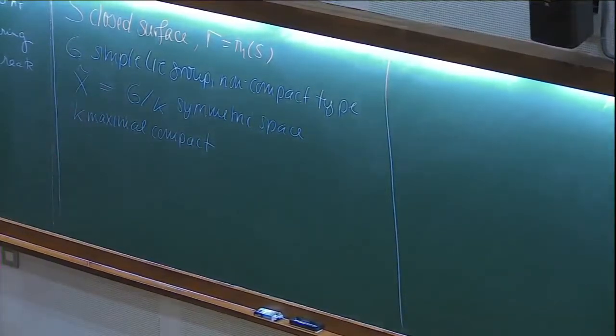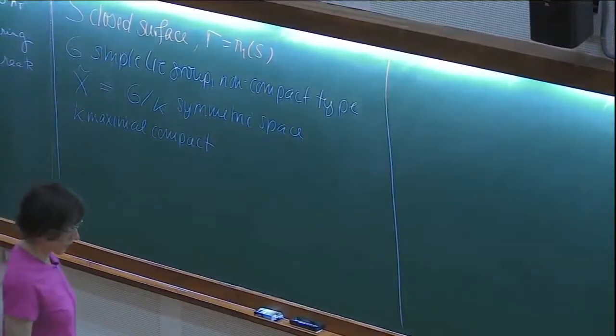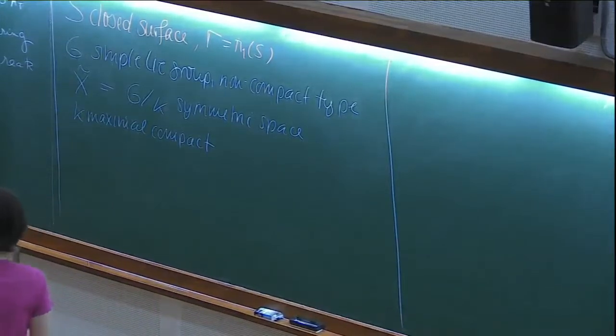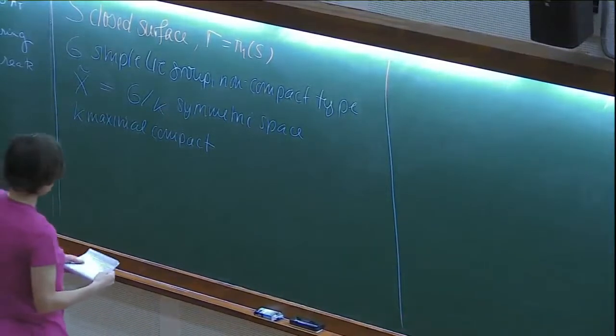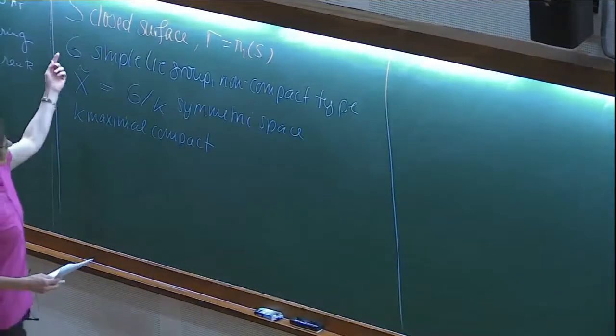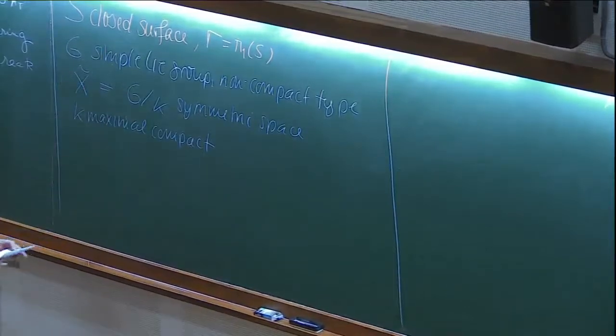It has a geometry. It's a CAT(0) space, so it has non-positive curvature. Geodesics between any two points are unique and depend smoothly on the point, and so on and so forth. So we can try to use the geometry of the space to study representations of gamma into G.